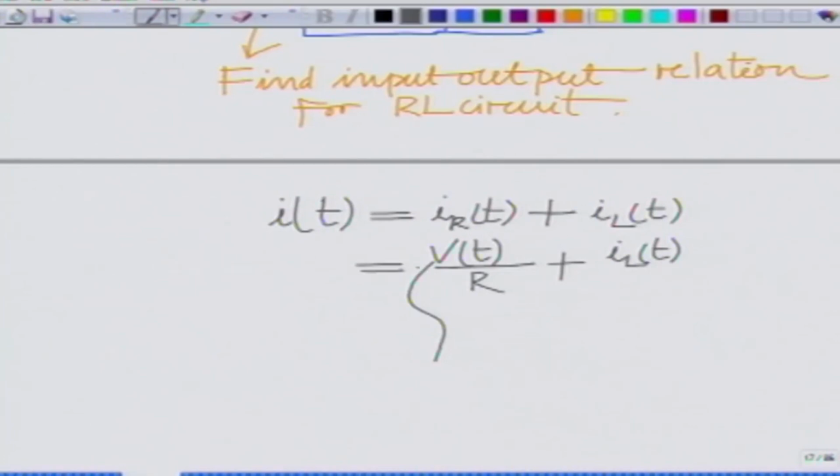Now, observe by the property. This simply follows from Ohm's law.